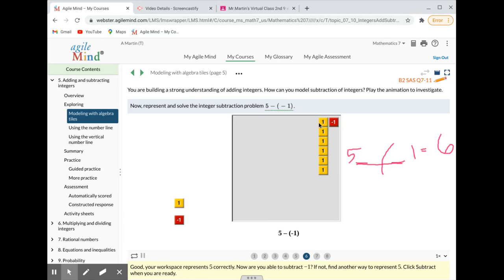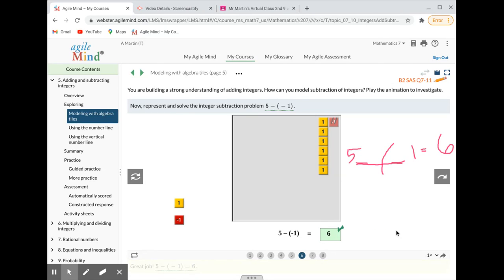So when I make that 0 pair there and I take that -1 away, look what I'm left with. How many? 6 positive. Yeah. Or 6. So it's kind of weird how that works with showing it with algebra tiles, but it does work. Because if you take away a negative, you're adding. Okay?